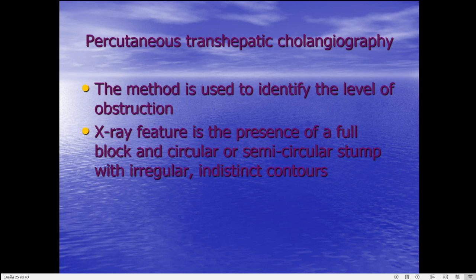The X-ray feature is a full block and a circular or semicircular stump with irregular and indistinct contours.